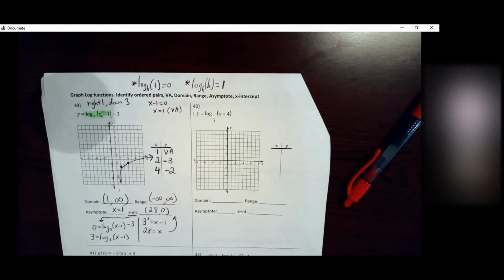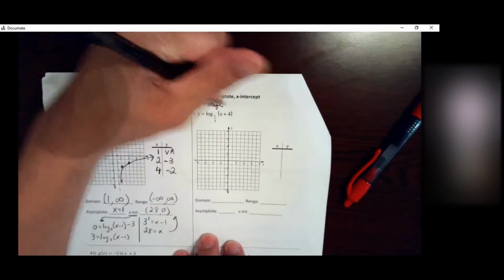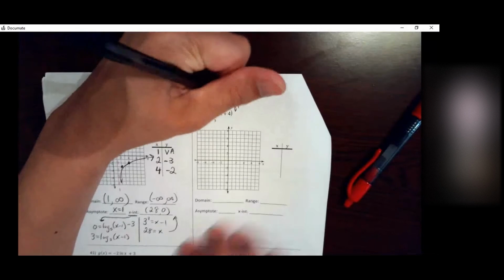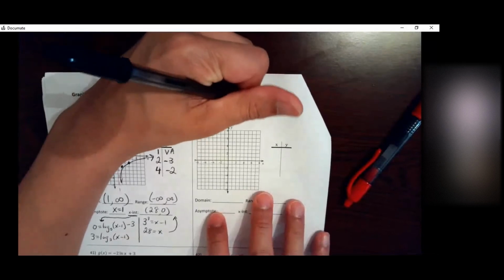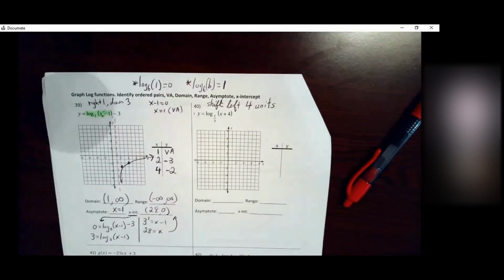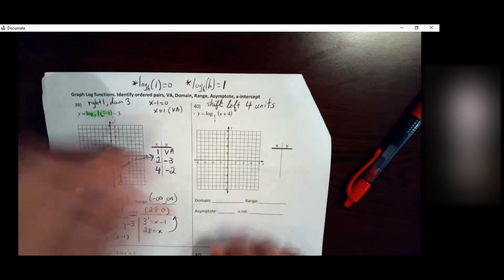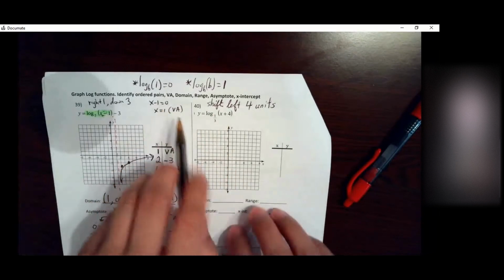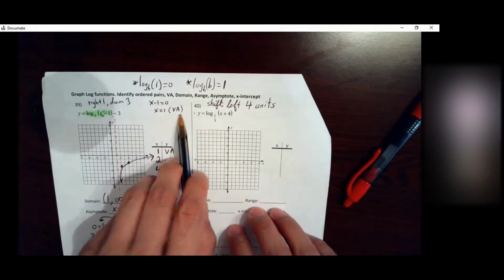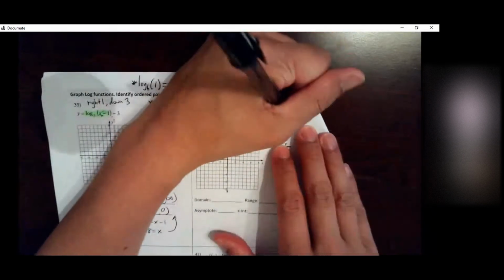Now number 40. That shifted left by 4, right? Okay, so we want it to equal 1. First things first, vertical asymptote. Vertical asymptote equals -4.